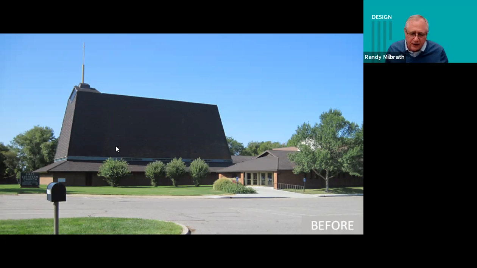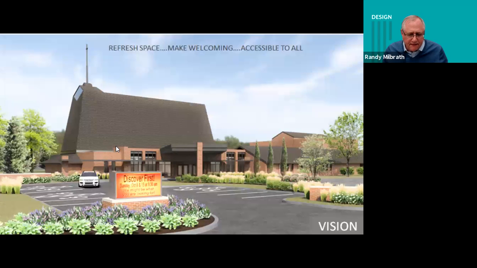So in working through that plan and all of those talking points and statements of what they wanted to be, we developed a vision, which we'll show you here, which was all about remaking the front entryway so that it had zero steps, that people with disabilities could actually get into the building without assistance, that it was very transparent, and that it checked the boxes on all of the things they said they wanted it to be. So this is what we presented to the congregation along with costs.